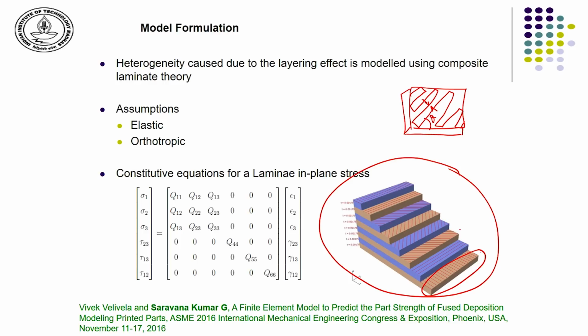So, these things could be modeled. Here you see a layup of the layers with different orientations of the rasters, and also with different layer thicknesses and associated properties.